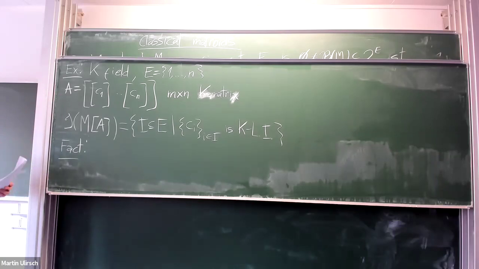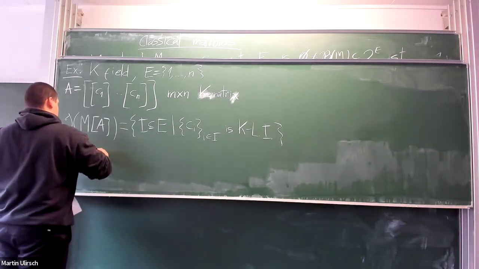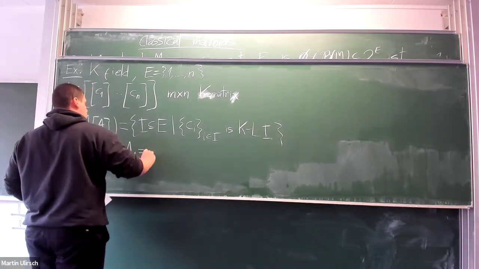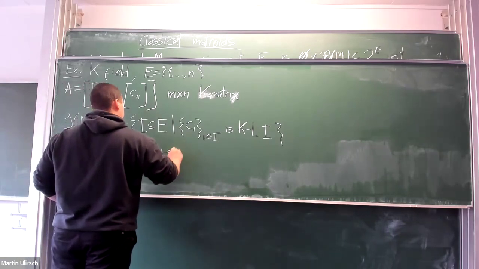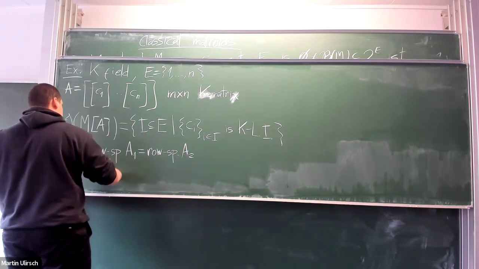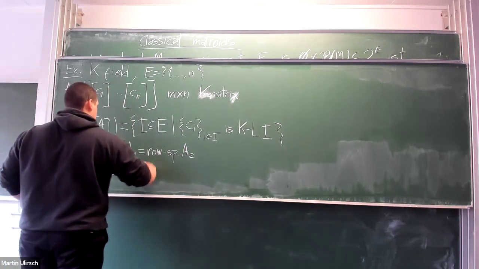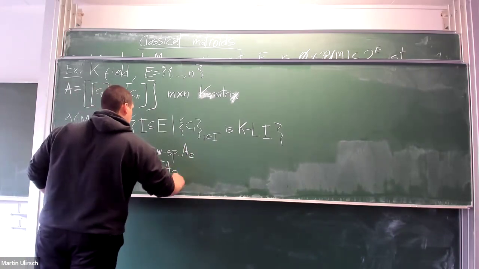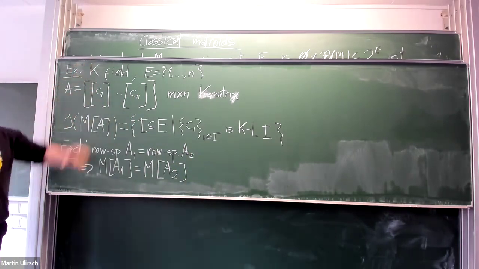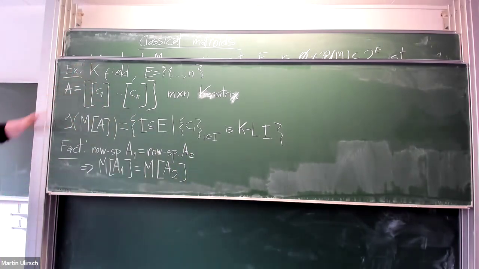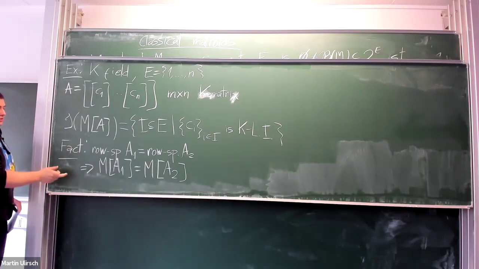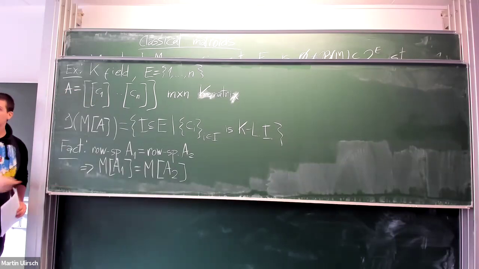It only depends on the row space of A. So if the row space of A1 equals the row space of A2, I have this equality here. So if I have a subspace of K^n, I just construct a matrix with this subspace as its row space, and I have a matroid associated to the subspace.